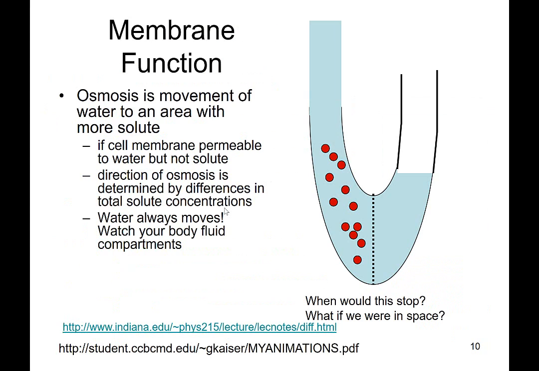So let's repeat that experiment again. Here's our manometer tube. We see the red solutes in unequal concentration on the left side. And if now I tell you that the cell membrane is impermeable to these solutes, what would happen? And my picture is showing you the distribution of water.